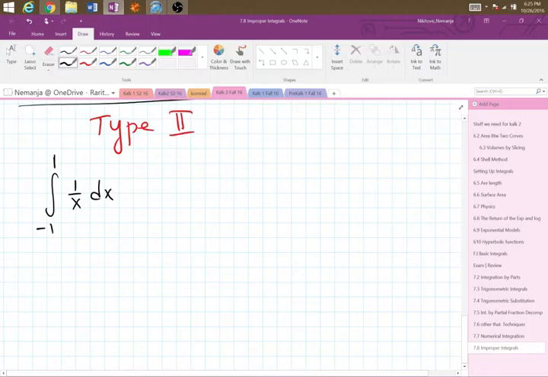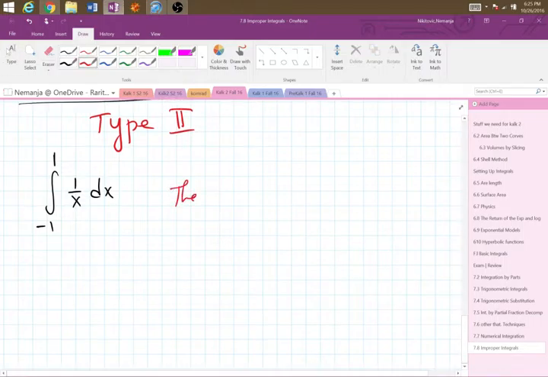Now, you might think, well, that's not a problem. The integral of 1 over x is ln absolute x, and when you plug in 1 and -1, they will just work. Everything will be awesome. No, no, no, right?